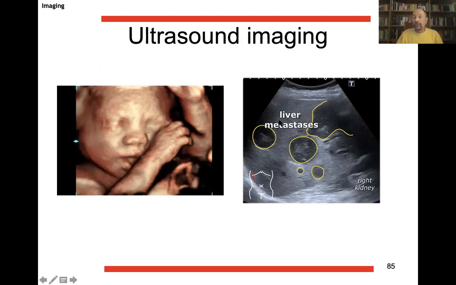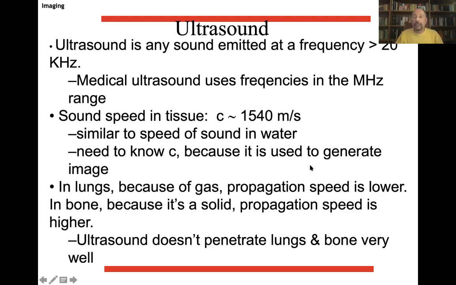You can use ultrasound to see, for example, liver metastasis here. Ultrasound is nothing else than a sound, but at a frequency of the order of kilohertz. Actually, in medical applications, you use megahertz.